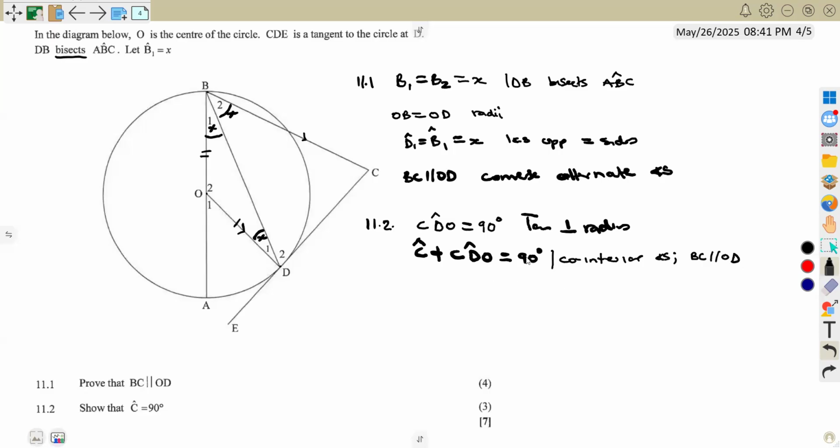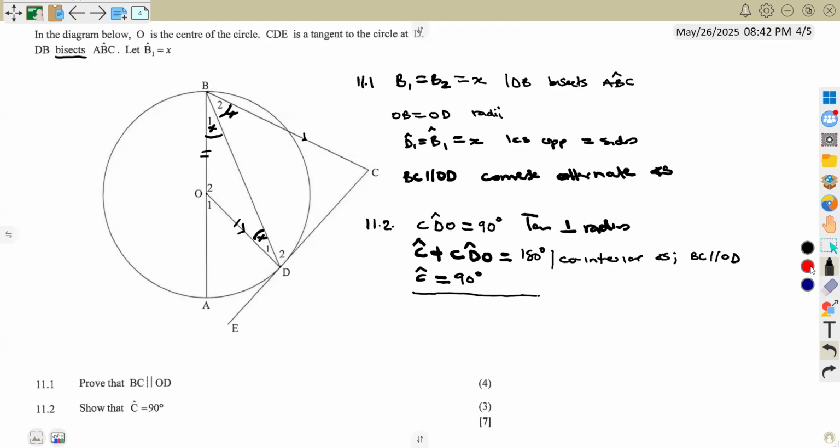Please take note here: the sum is not supposed to be 90 degrees, it's actually supposed to be 180 degrees. For co-interior angles, it's 180 degrees. So angle C is equal to 180 degrees minus 90 for CDO, which gives us 90 degrees. That was one way of doing it.